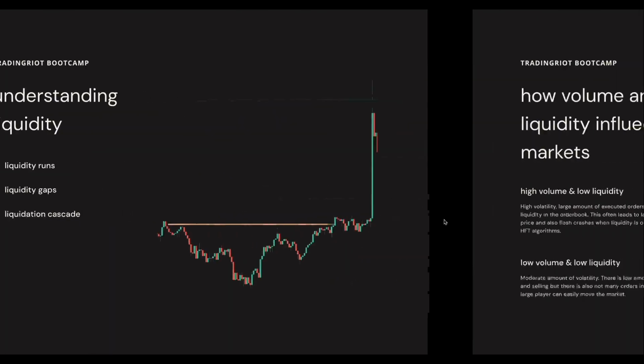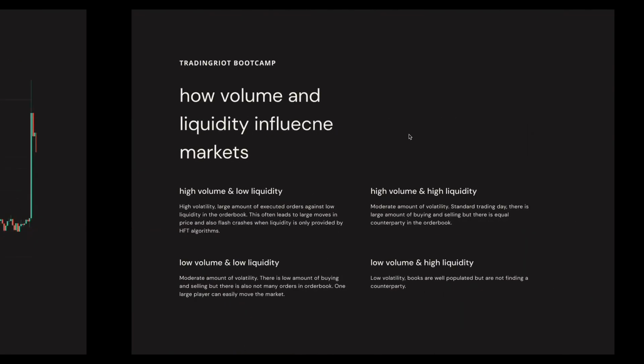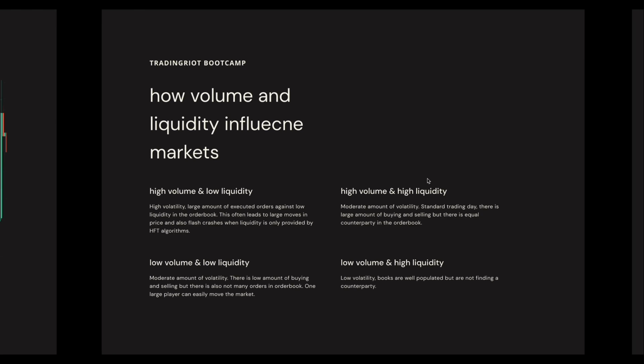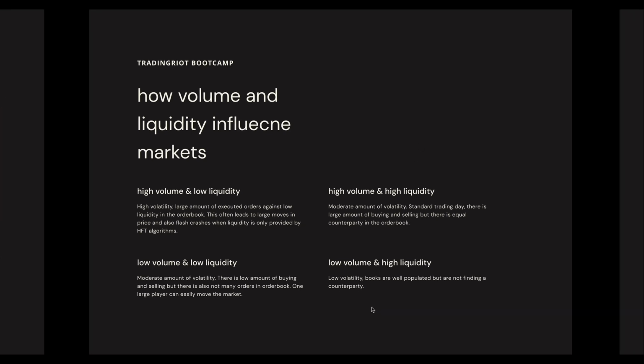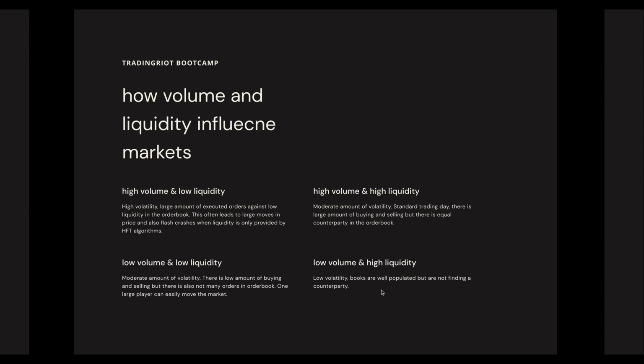When the amount of market orders and the liquidity in the books is more equal during any standard trading day, the market will just slowly move to one side. And when it's low volume and high liquidity, there is low volatility because the books are well populated, but no one wants to be the counterparty.